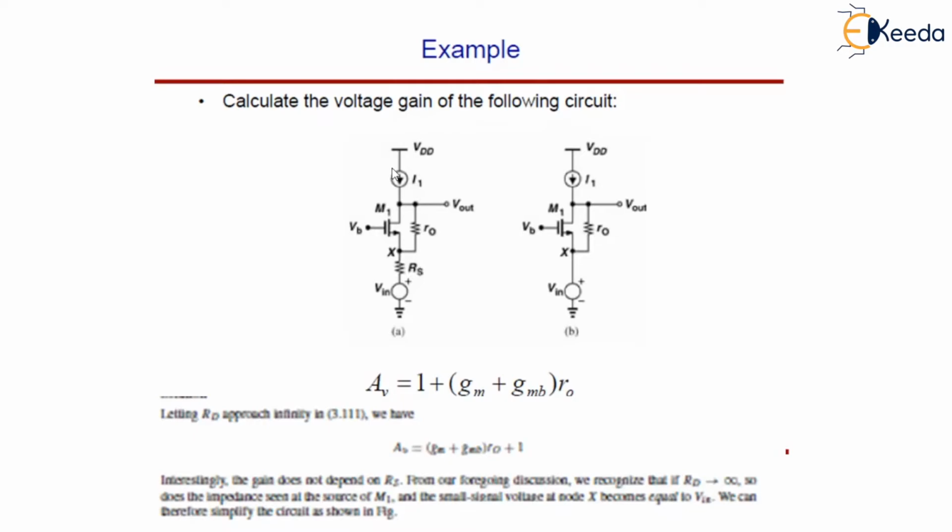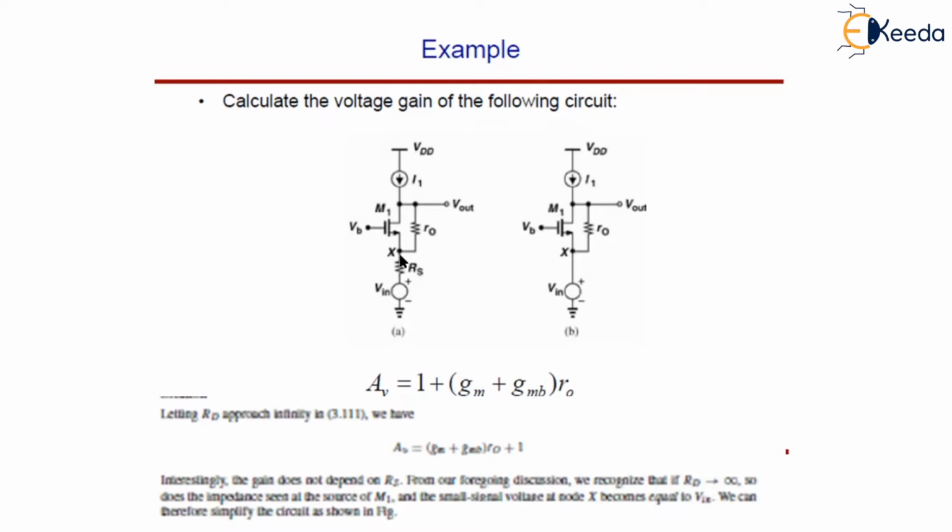Thus, if RD is infinite, so does the impedance seen at the source of M1, because this load impedance only changes the current or the impedance seen by M1, not the impedance applied at the source.